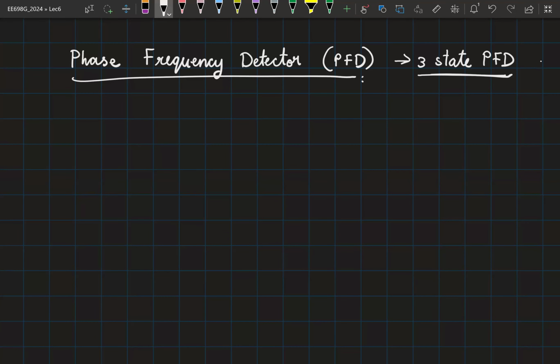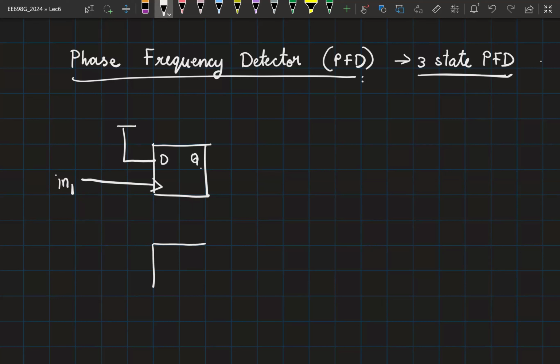So as you rightly imagined, there is going to be a flip-flop involved. Okay. Let's say I connect the D input to VDD, connected to 1 at all times, and I give in1 as the clock signal. Right. Similarly, I take one more flop and I give in2 as the clock signal.